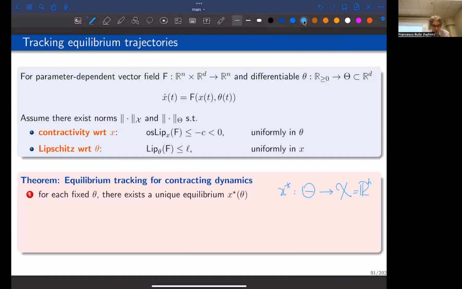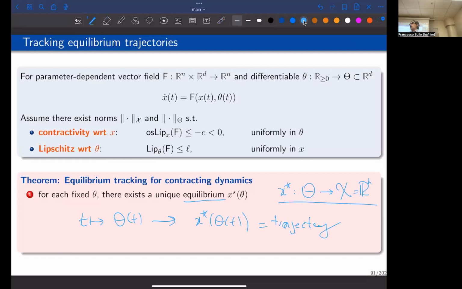So first of all, we already understand x star, the fixed point, is not a point. It is a map. And if I tell you that theta depends upon time, well, then time gets mapped into theta of time, that gets mapped into x star of theta of time. So this is now a trajectory, right? Now you have a map from time to a curve. And what is that curve?